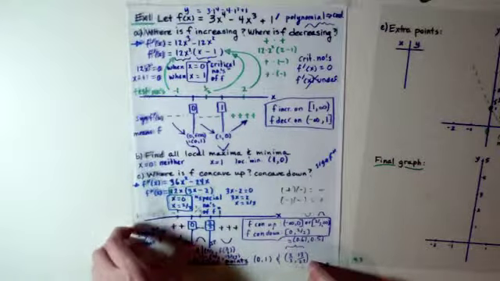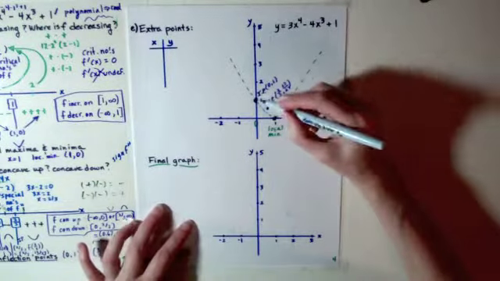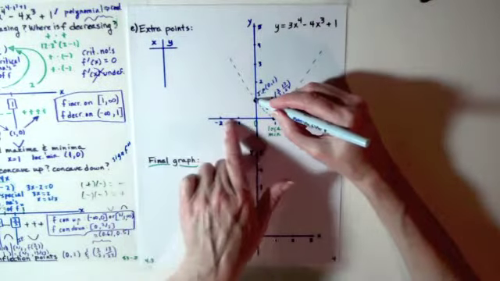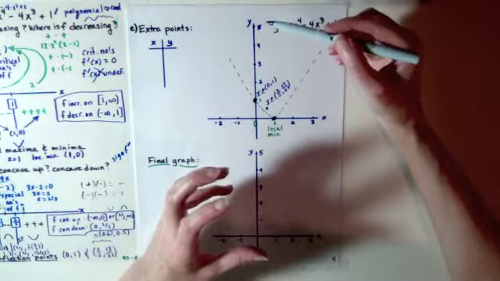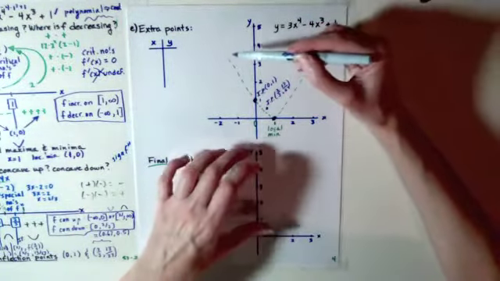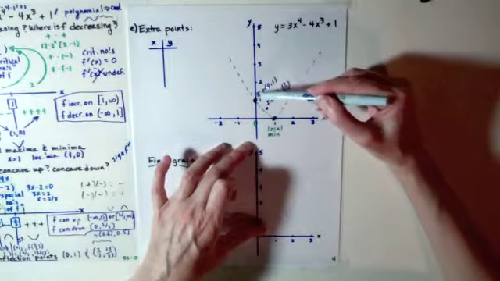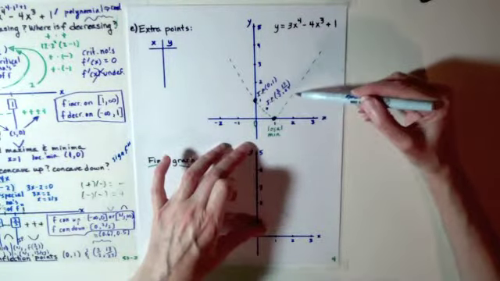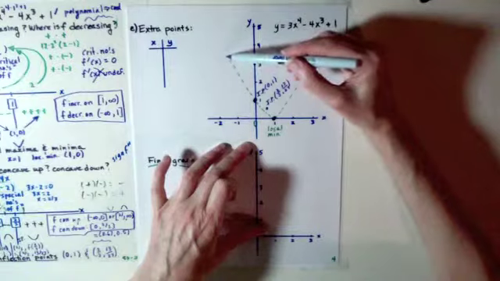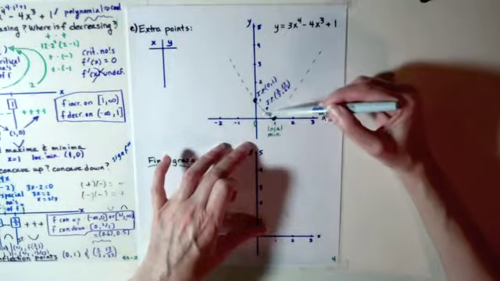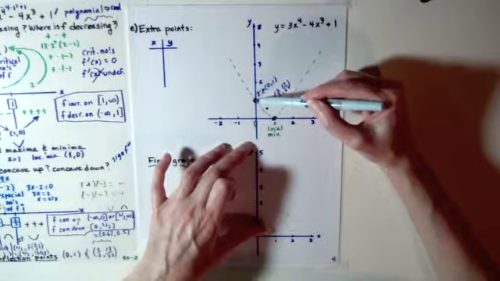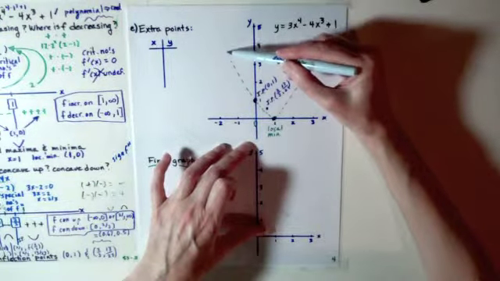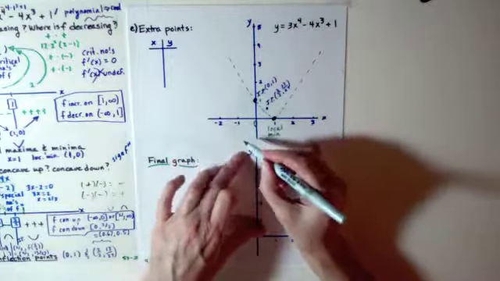So let's concentrate on that first inflection point right here, and I'm going to think of drawing my graph coming in from negative infinity. Now keep in mind that whatever concavity we add to this graph, we still have to follow the overall behavior of where it's going down and where it's going up. That's expressed by this dotted line here. So I have to be going down until I get to this inflection point, but I have to be going down in a way that the curve is concave up.